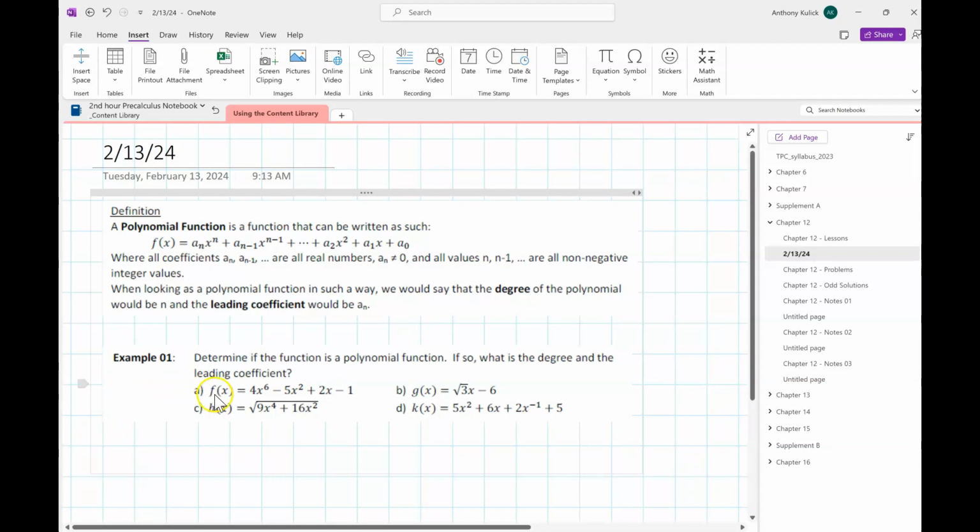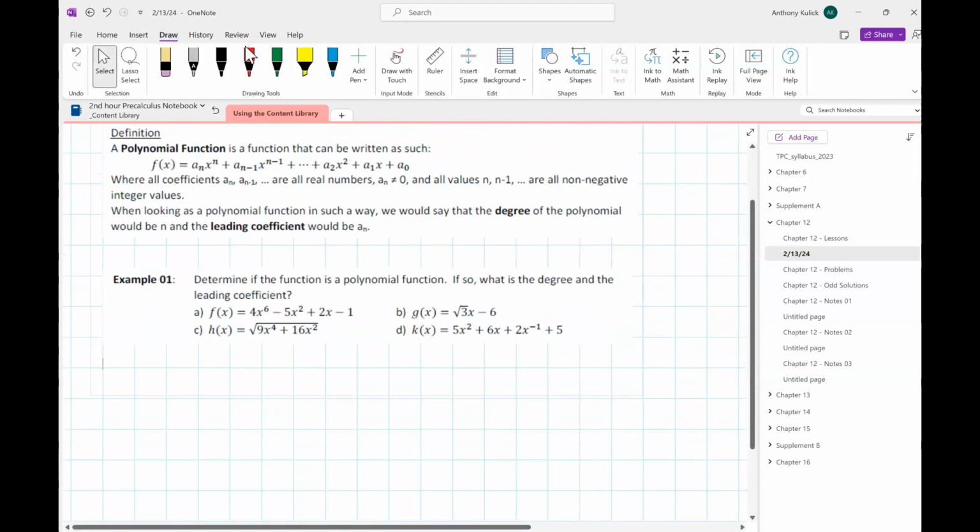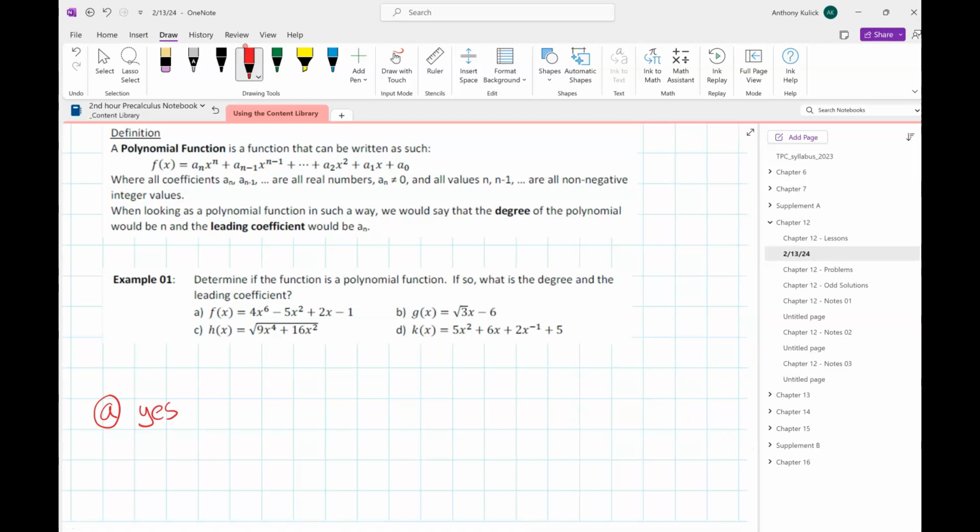So A, is that thing a polynomial, yes or no? Yes, you said yes. Why? It's got x's and exponents. Okay, that doesn't guarantee that it's a polynomial, though. The exponents have to be non-negative and whole numbers.